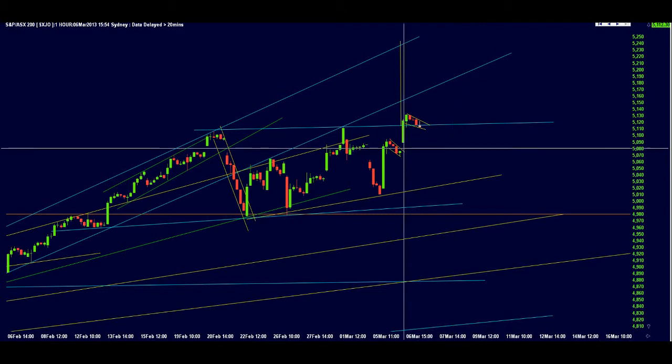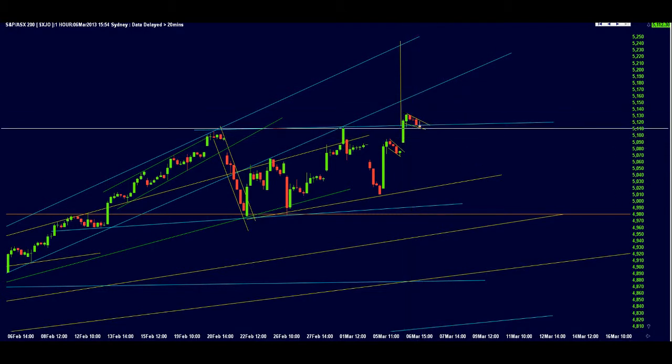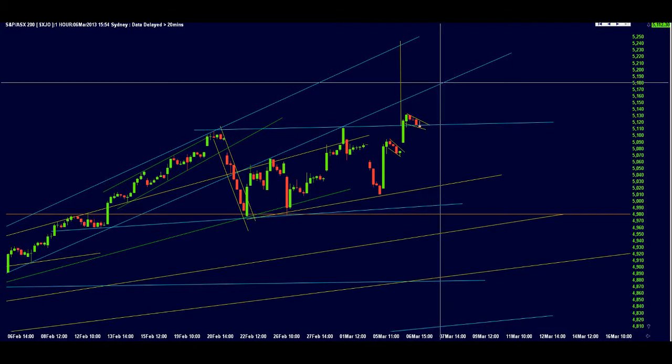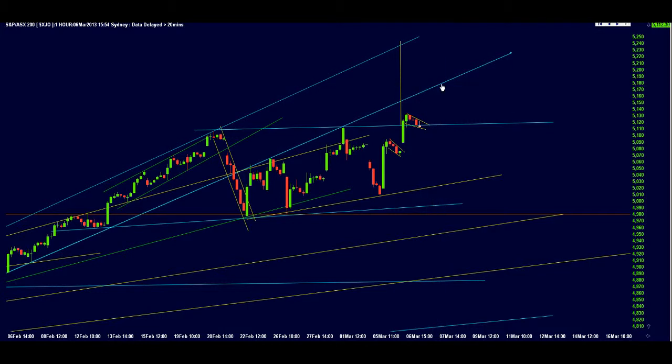Now the fact that we've broken out, now we've back tested this level, we've slightly got underneath that 5,120 area, and we do need to see a little bit more evidence there of strength. And if we can get over this descending little line here, well, we could then expect that we'll probably most likely head on up to tag this broken channel line once again.